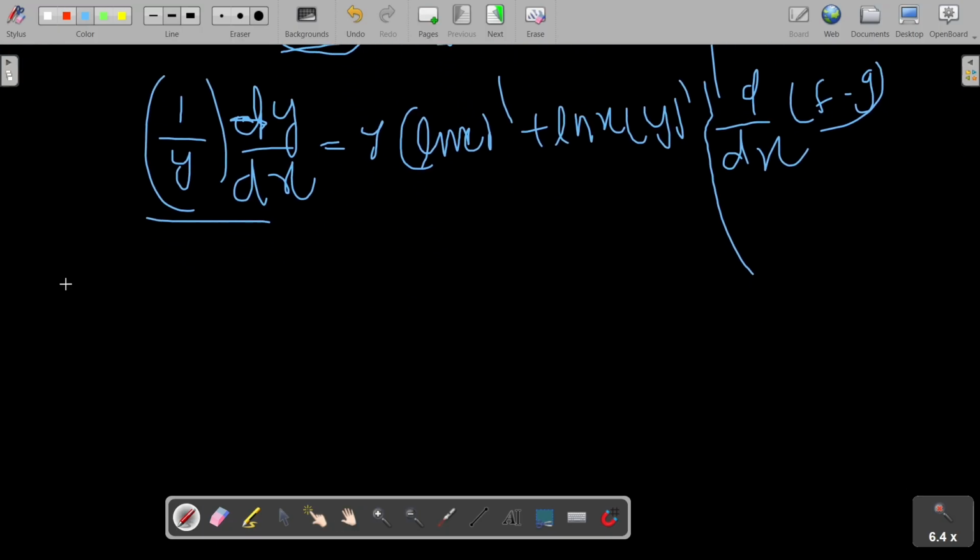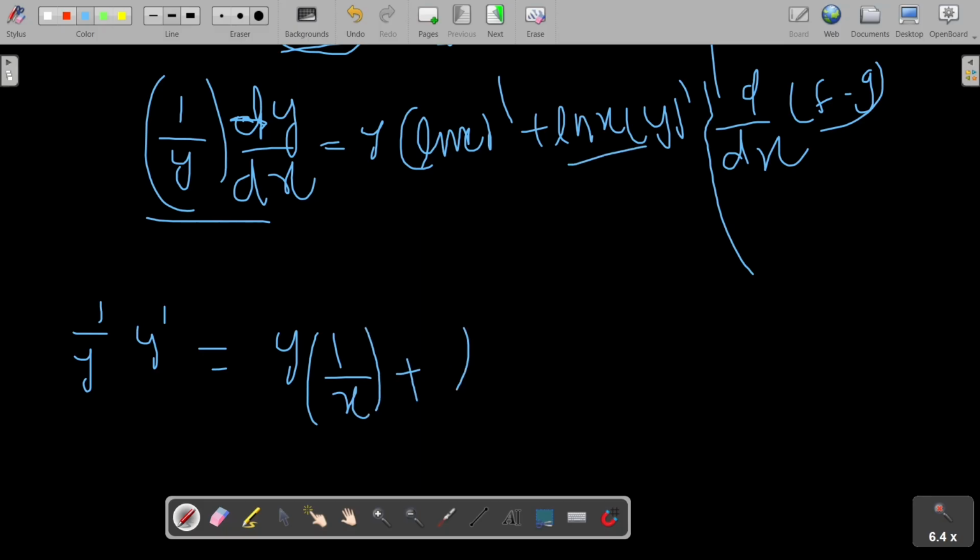I'm simply writing dy by dx as y prime, not writing this again and again. So we know that ln x prime is 1 over x, and we need to multiply x prime over here, so it is simply 1. So we ignore that, and this is ln x times y prime.